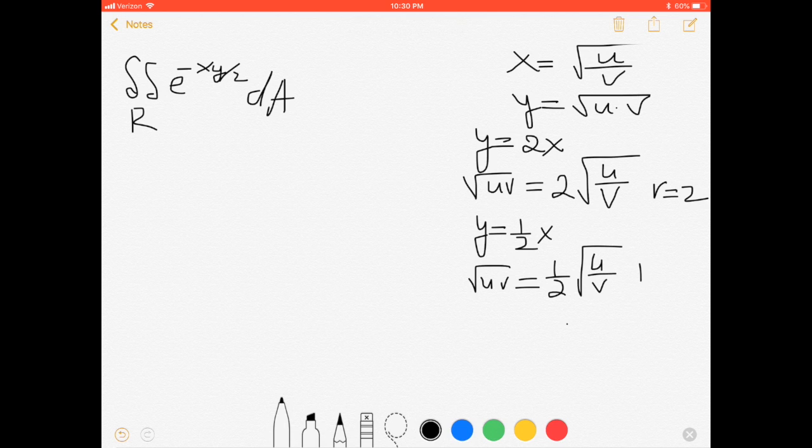You have v equal 1/2. You see, v is changing between 1/2 and 2, because these two lines are the borders of your region.